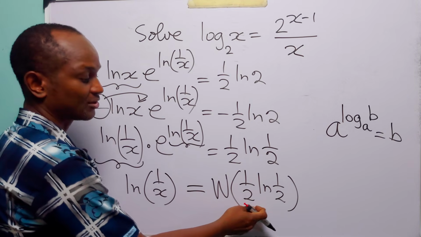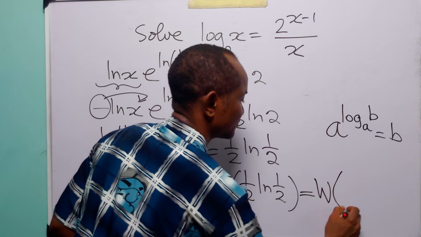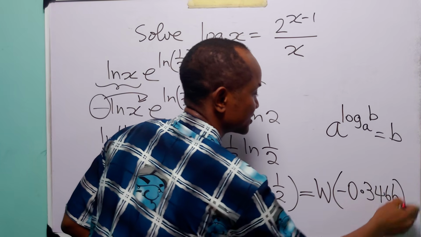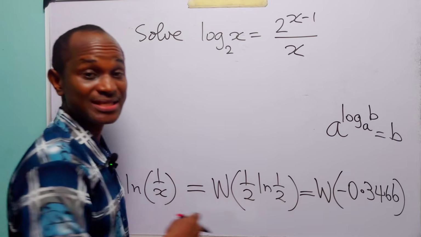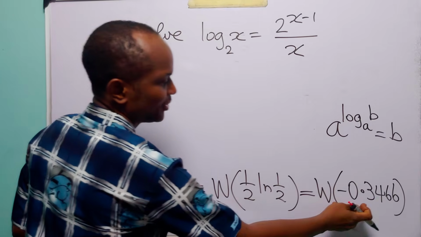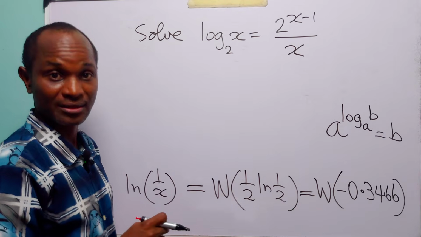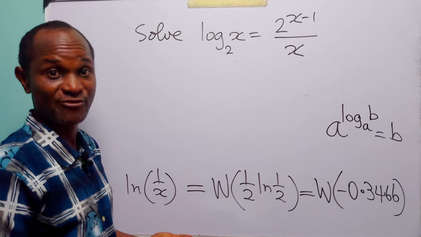Now, using a calculator, you can evaluate this. When you do that, you get minus 0.3466. Now, of course, you know that this value is given approximately to 4 decimal places. Now, when you input this number into a Lambert W function calculator, we have several of those online, you're going to get 2 values in return.